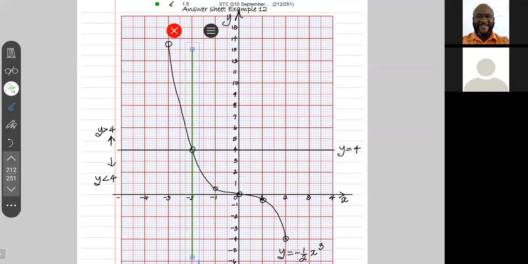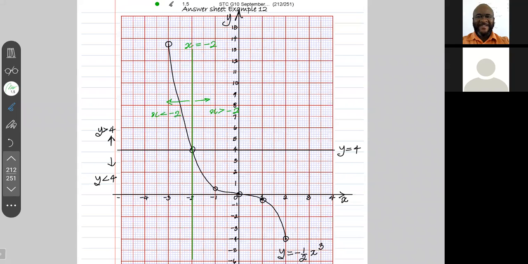So this is the line x is equal to minus 2. What we want to know is where is the graph to the right of this line or to the left of this line. To the right of this line, x is greater than minus 2. To the left of this line, x is less than minus 2.